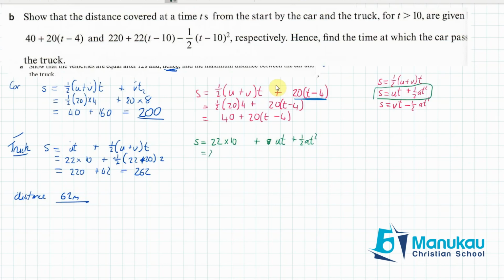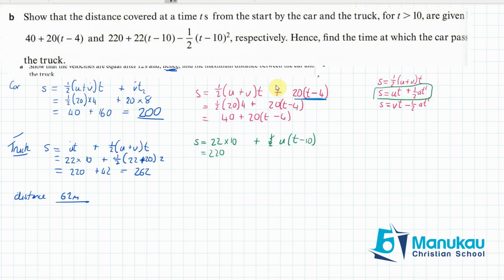Now this will be 220, but again I've got to take into account with these t's that this part of the equation actually doesn't start until after 10 seconds. So I probably need to adjust that slightly and say it's actually going to be u into t minus 10.